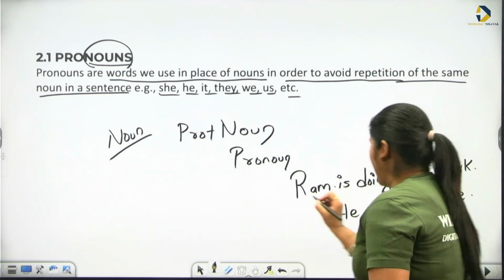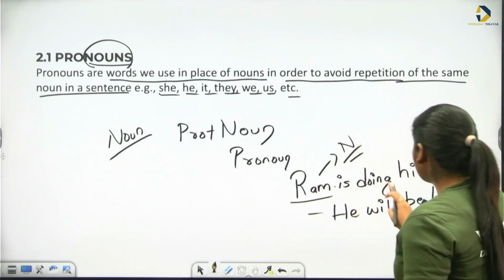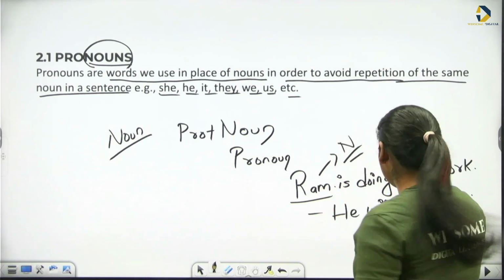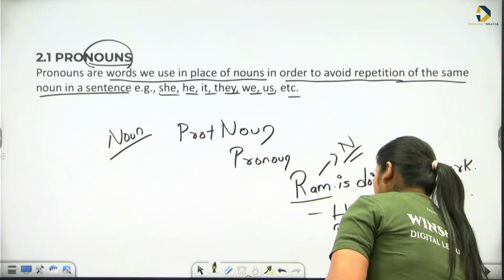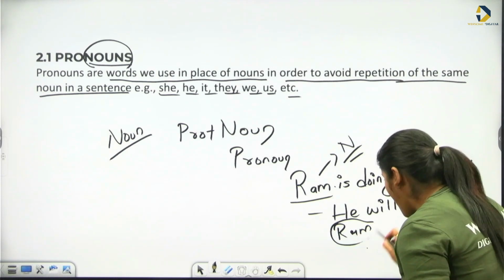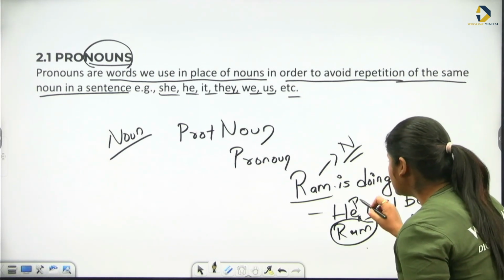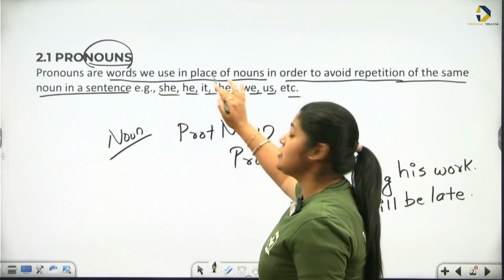See, Ram क्या हो गया? It is a noun. Ram is doing his work. Ram क्या कर रहा है? अपना काम कर रहा है. He will be late. इसमें हम Ram will be late भी लिख सकते थे, right? लेकिन we are replacing Ram with he. So ये क्या हो गया? It is a pronoun. So pronoun are words we use in a place of noun.